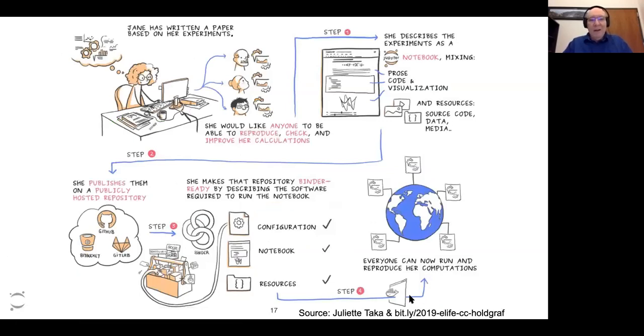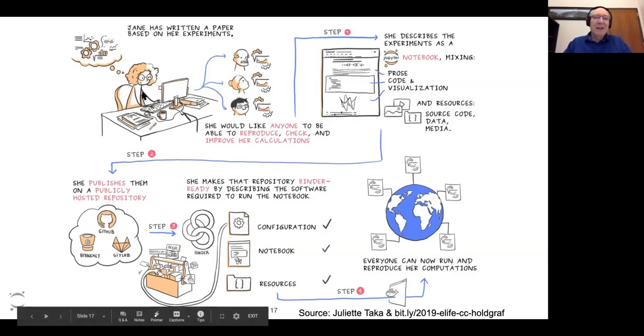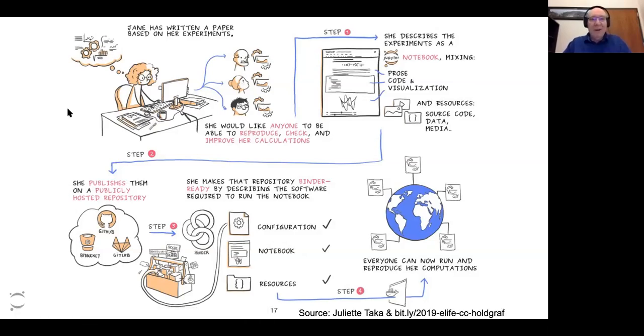Okay, I found this nice cartoon here that basically summarizes what we're doing. So here's Jane. She is developing some algorithms, and she wants to share that with the world. And she first creates a Jupyter notebook here. And as I mentioned, it's not just code. You need to really include an introduction, you need to interpret your results and so on.